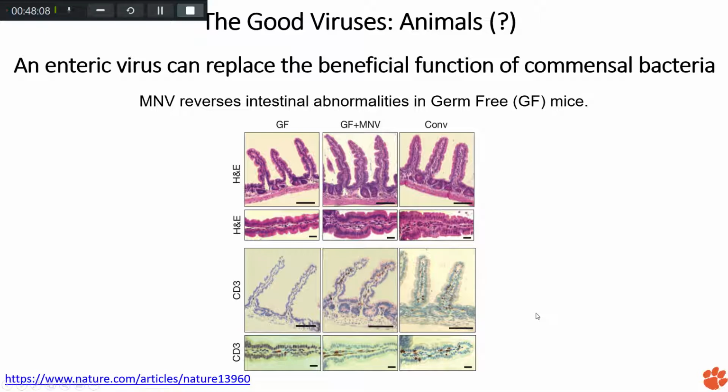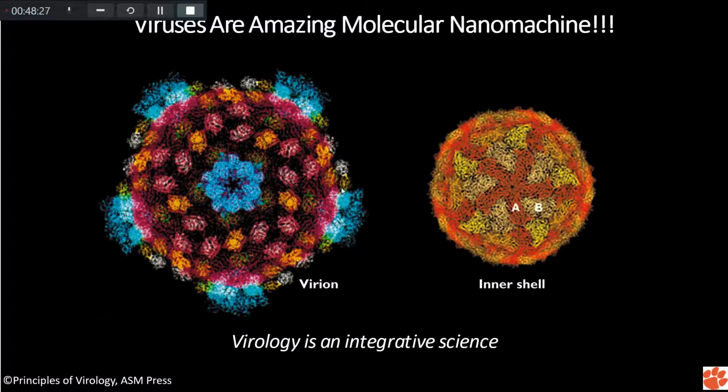So this is also another beneficial function of the commensal bacteria. So this bacteria is basically doing something. The bacteria does do something, but the norovirus actually does the same thing, just like the commensal bacteria in the gut.